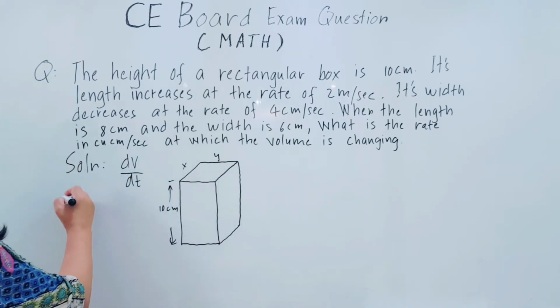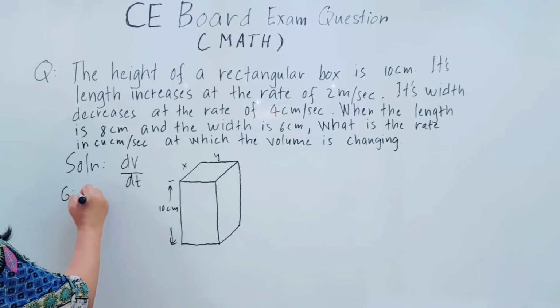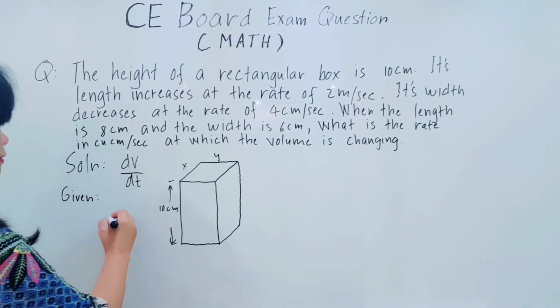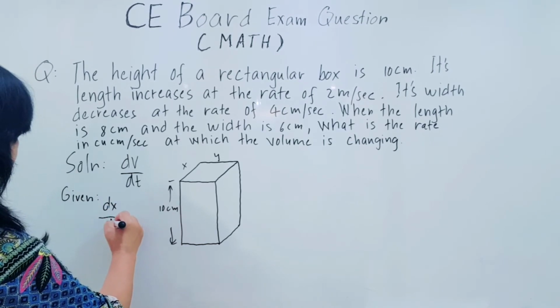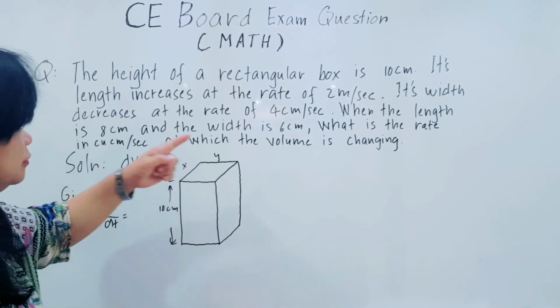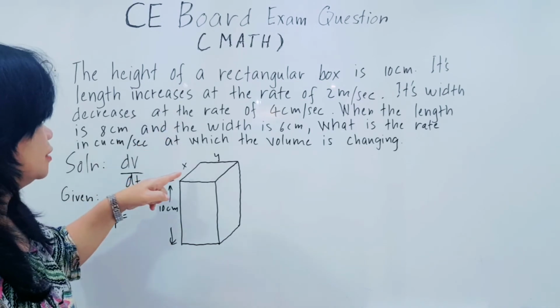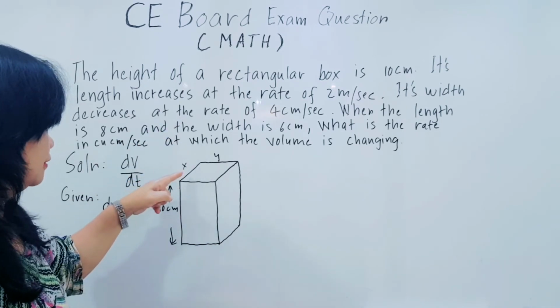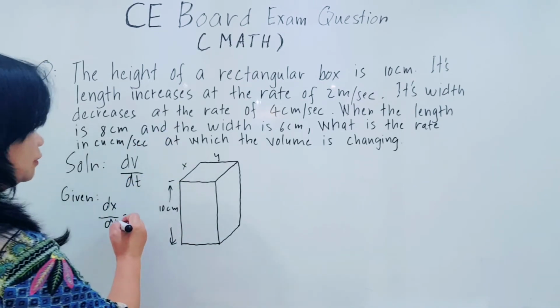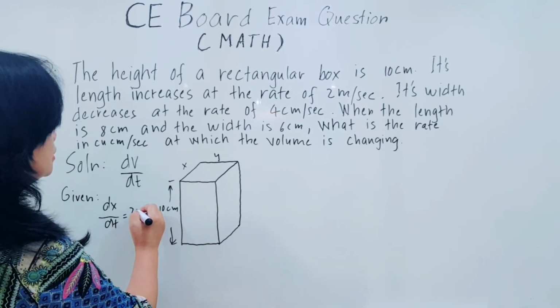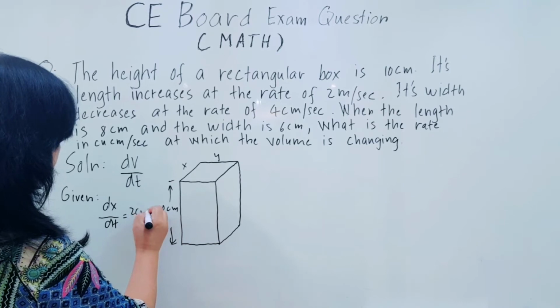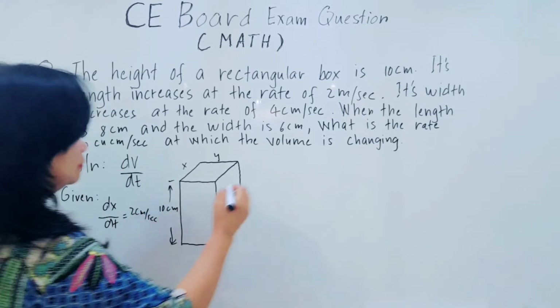Now, the given are dx dt, the rate of change of the length, which is equal to 2 centimeter per second.